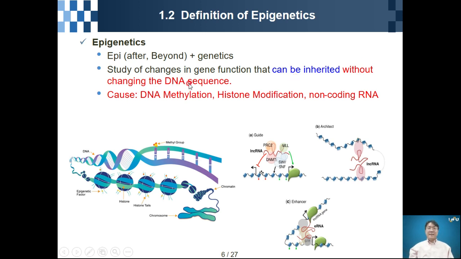In genetics, usually changes in the DNA sequence are passed to the offspring. For example, if the father is taller, the father has some specific DNA sequence which encodes the height, and the offspring also inherits that DNA sequence.